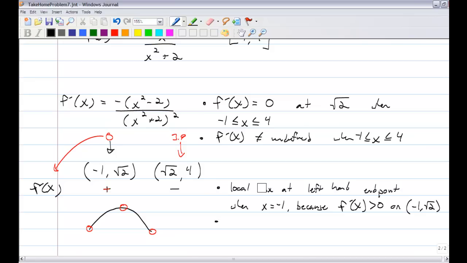Oh, and I said local max. Sorry. I meant local min. I already said it's a min. When we looked at the picture, I don't know why I said max.